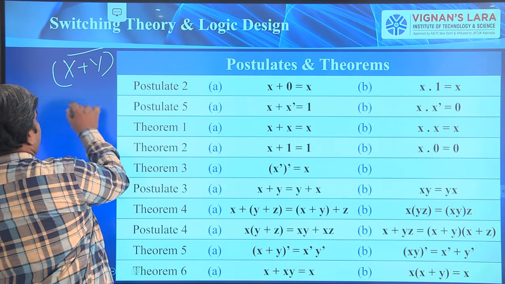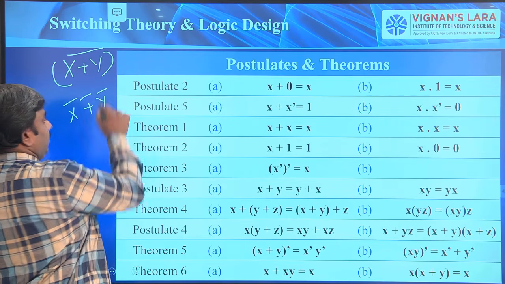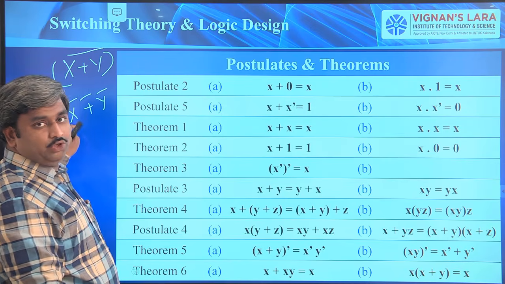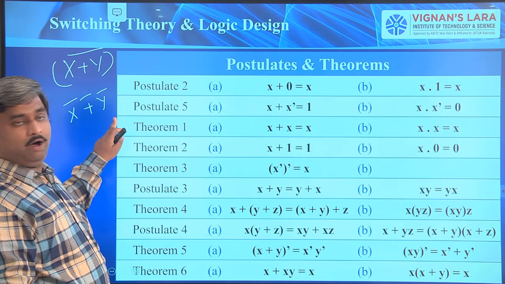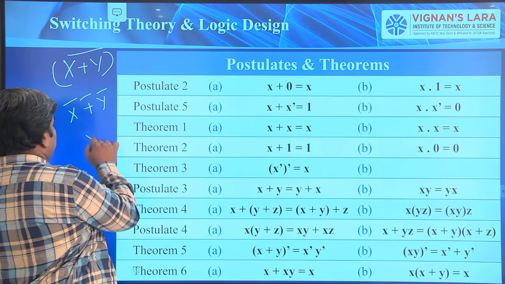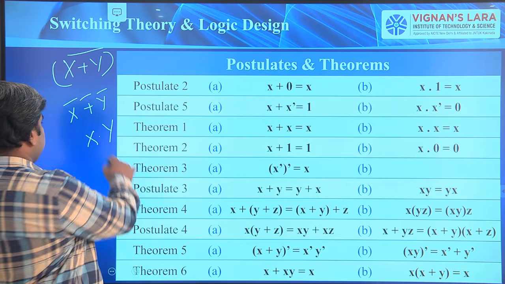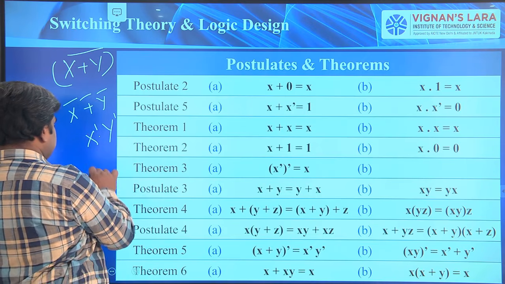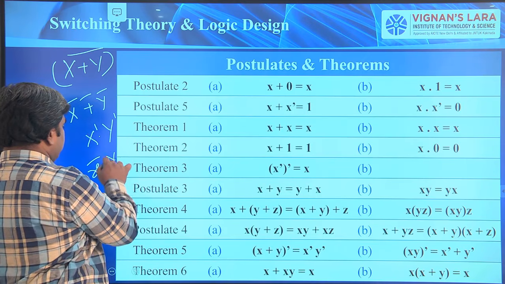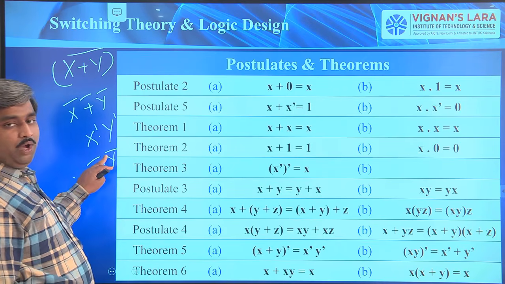So x bar plus bar y bar. So x is changed to x bar, y is changed to y bar. Now the plus is changed to dot. So this is x bar dot y bar. You can represent x bar dot y bar like that, or otherwise in this way.